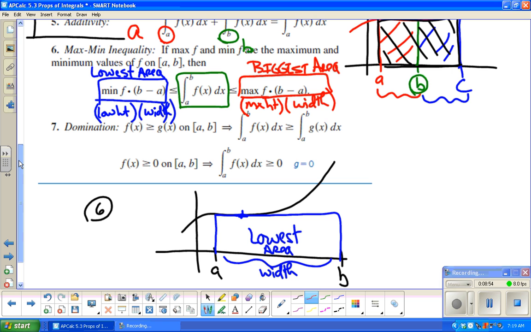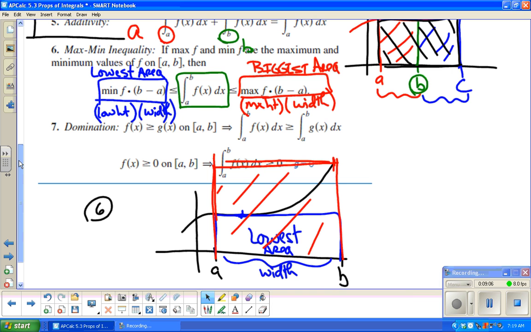If I then go to the highest height between A and B, and I find that area, the true area for this thing has to be between them. Maybe I don't know what that area is.